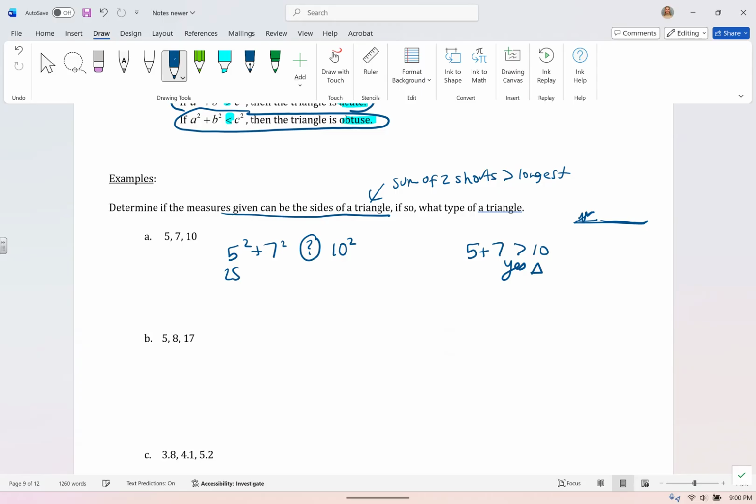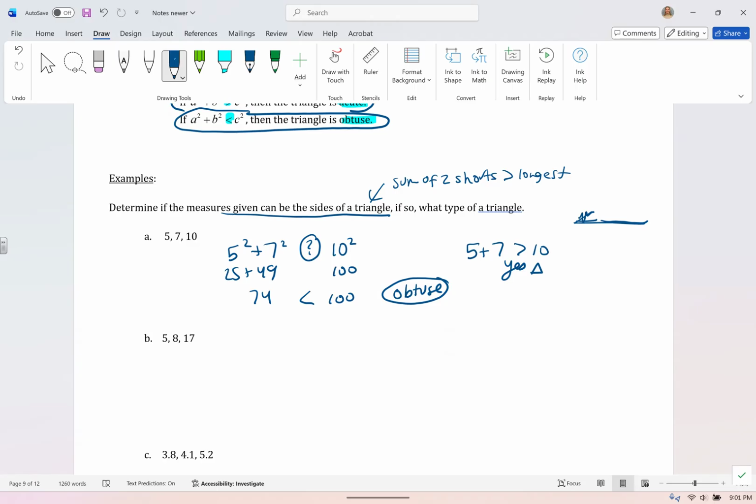So we got 25 plus 49. We got 100. And that gives us 74. So that is less, okay? So then that means this is going to be obtuse, because if the 2 sides are much less than the other one, then it's going to be obtuse.